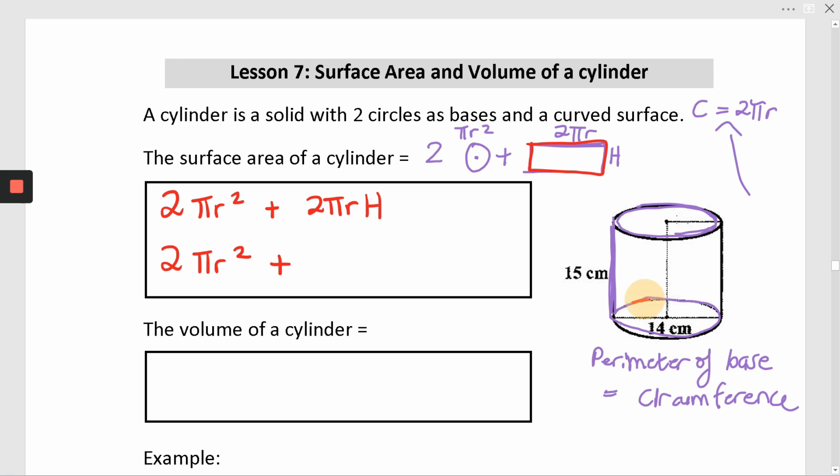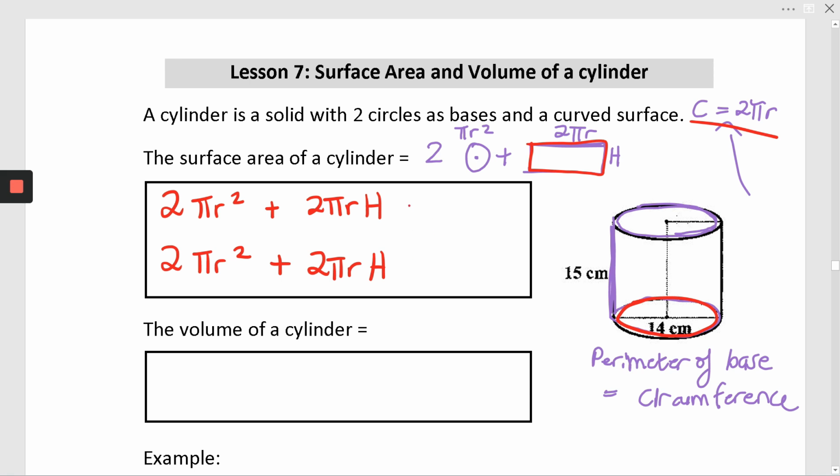Perimeter of the base, there I've written it there. It is the same as the circumference of the circle, which is the same as that. So it's 2 pi r, and then I'm supposed to take perimeter base times the height of the prism. So actually I've got the same formula written twice.